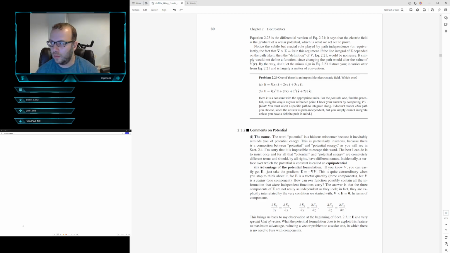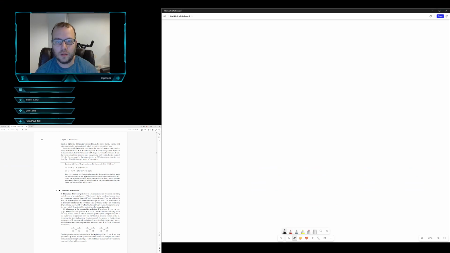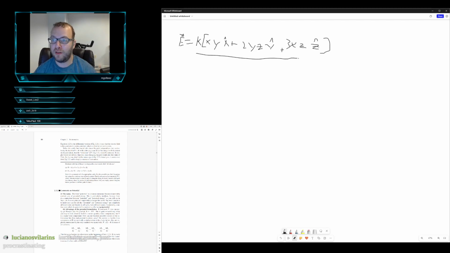So we have E equals K times (xy x-hat plus 2yz y-hat plus 3xz z-hat). So we want to see if this is a possible electric field.